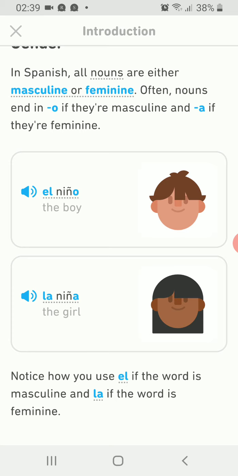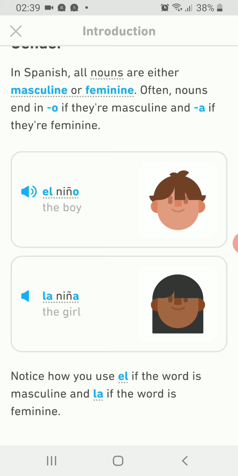So we have also the definite article the. The indefinite article will be a or an, but here it is the, it's definite. We know what we're talking about, a particular thing. And so El niño, El niño. Very good.